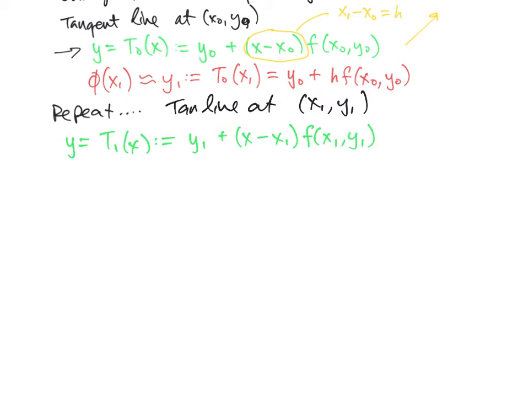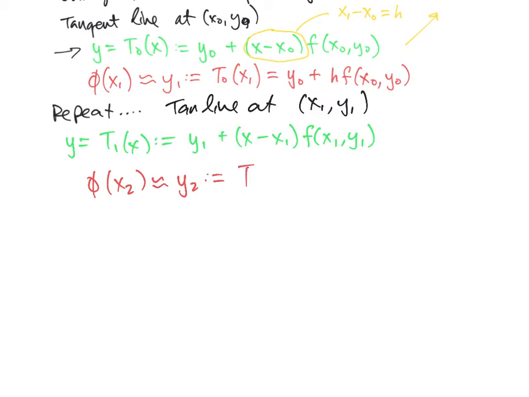Then we have basically the same thing we saw before. Phi at x2, the next point we need to calculate, is approximately equal to y2, which we are defining as the y value on t1 corresponding to x2.